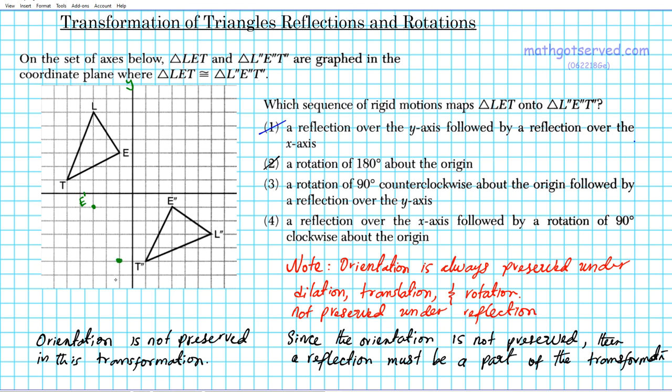This is where T prime is going to be. And then from this one right here, we're going to go up 1, 2, 3, 4, 5, 6 and 1, 2, 3. Bam. All right, so this will be L prime right here.